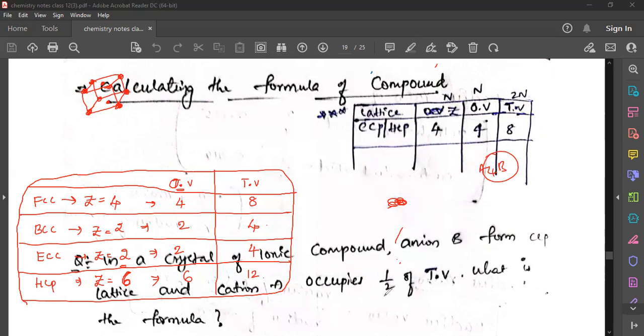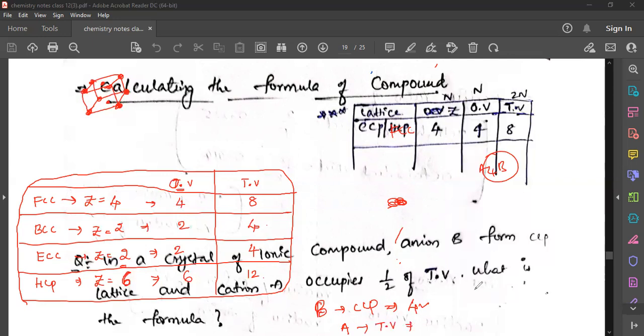What they are saying, B atoms are occupying the CCP lattice, right? CCP lattice means we can take CCP or FCC, both are same. Atoms will be 4. So atom B is occupying the CCP lattice means B will be 4. Now A is occupying the tetrahedral voids.